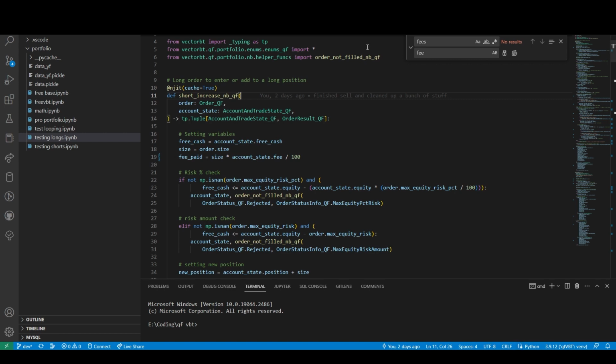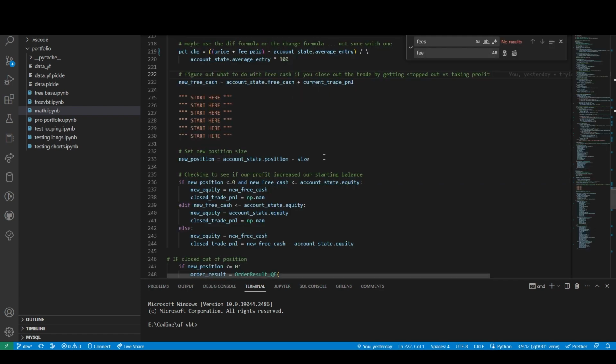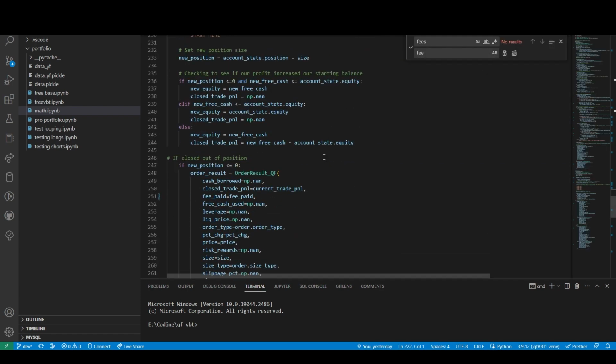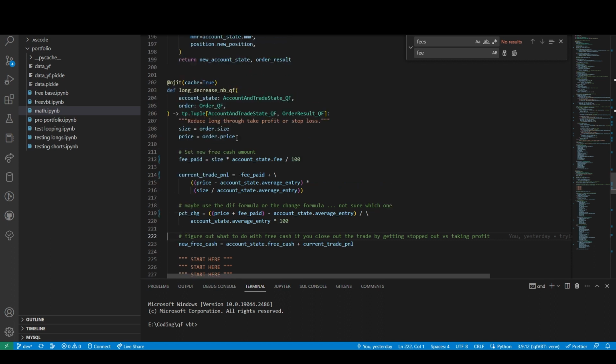Okay, so now with this, oh boy. I basically have to redo this whole thing here. So size equals order dot size, price equals order dot price, fee paid. Do we even need this free cash thing?